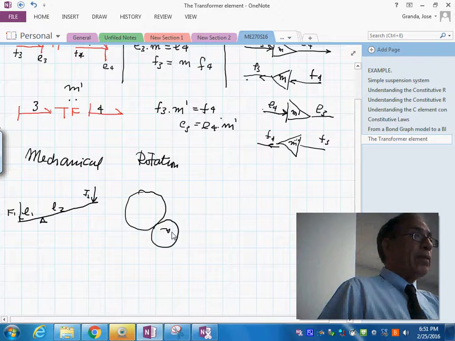So in the rotation, or you can have it in the hydraulic domain, a ram.